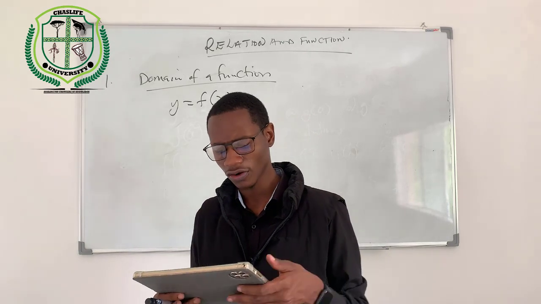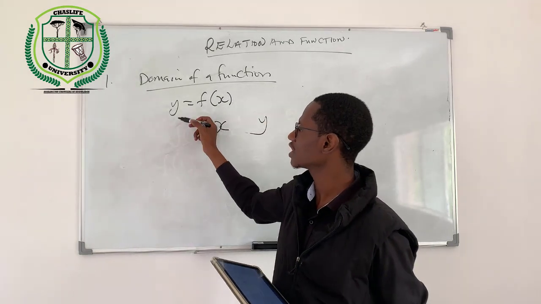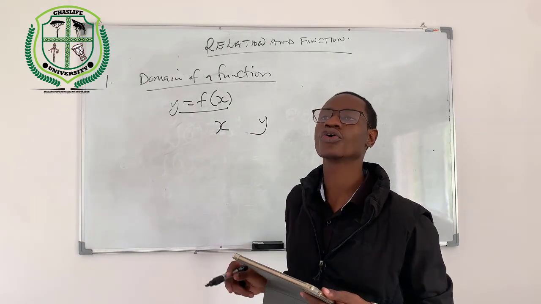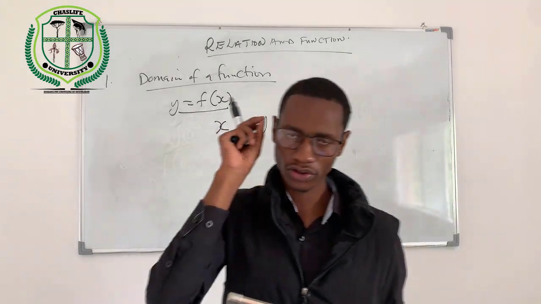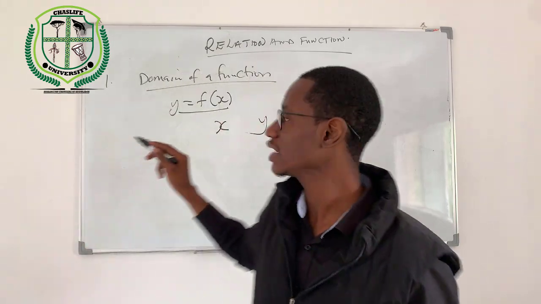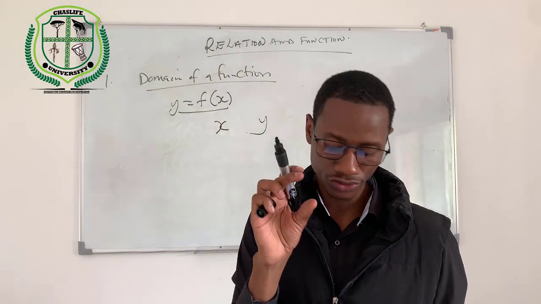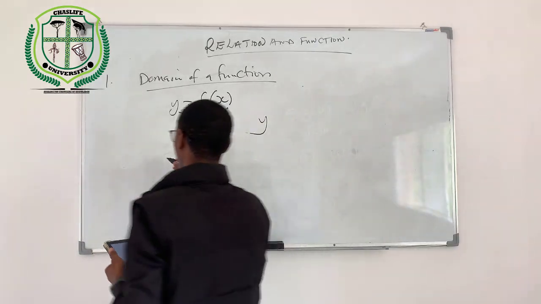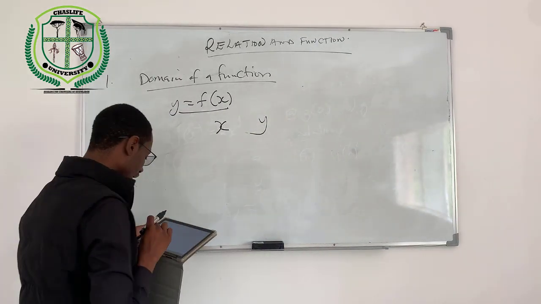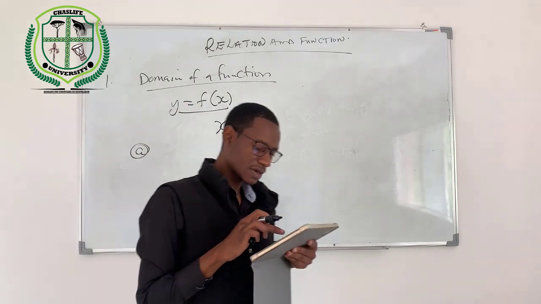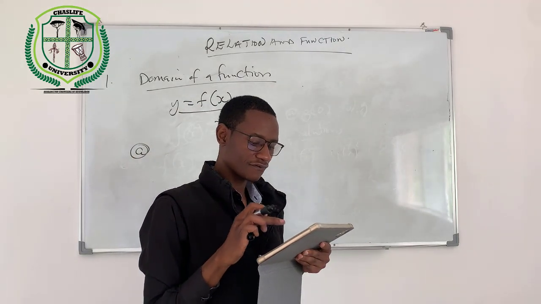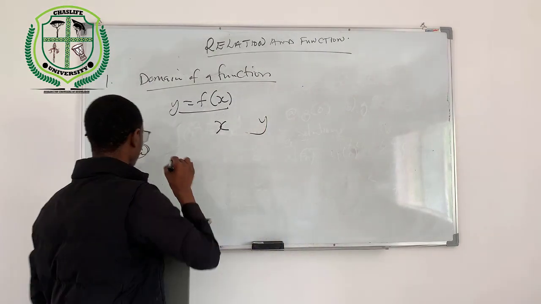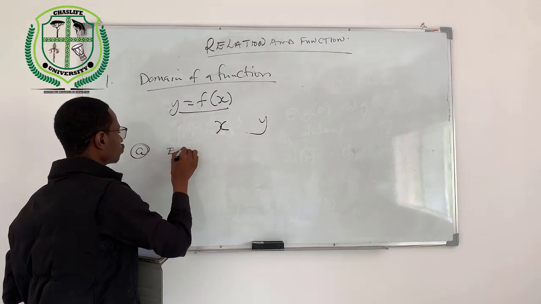So to find the domain of a function, if you've got a function that is defined by this, we need to follow a few simple guidelines. The first guideline is to exclude values of x that make the denominator of a fraction 0.